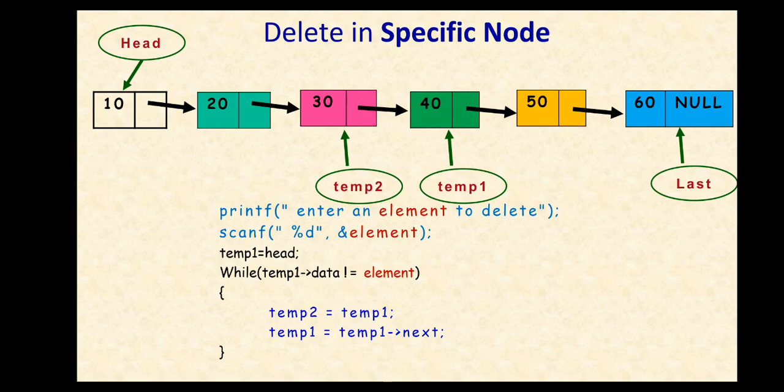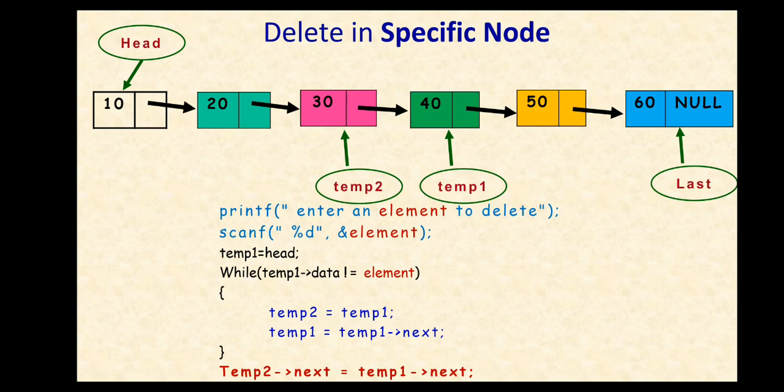Now see, the third node is pointed to by temp2 and temp1 is pointing to the fourth node. So temp2 next must hold temp1 next. So I have to write that logic: temp2 next is equal to temp1 next.